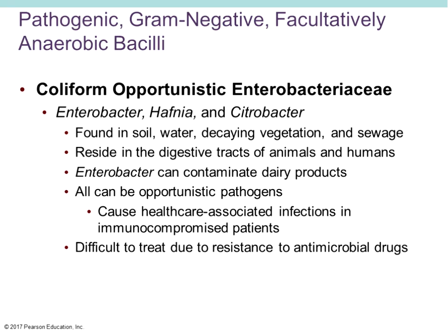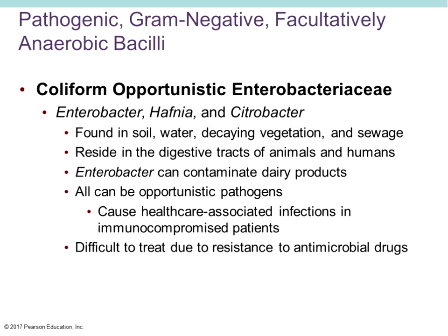Other coliform opportunists we have are Enterobacter, Klebsiella, and Citrobacter. Enterobacter and Citrobacter we have talked about. Like many of the other enterics or coliforms, those that ferment lactose, they're found in soil, water, decaying vegetation, and some sewage. They can hang out in the digestive tracts of humans and animals.